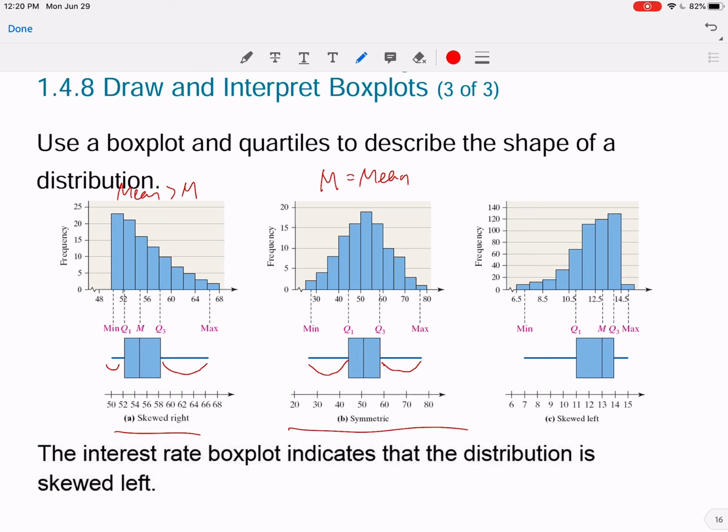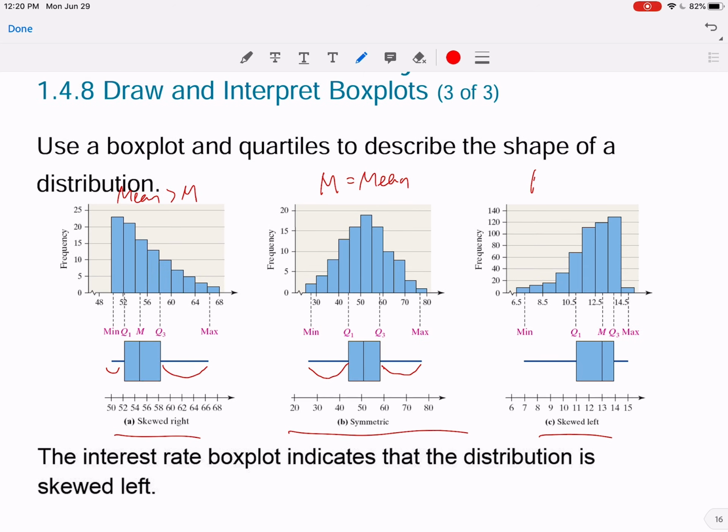And let's take a look at this graph over here. Since it's skewed left, the mean is less than the median, that's correct. And in this case, the left whisker is longer than the right whisker.